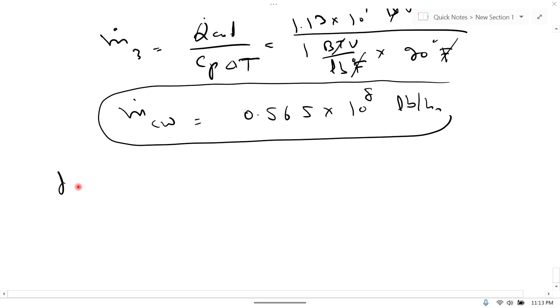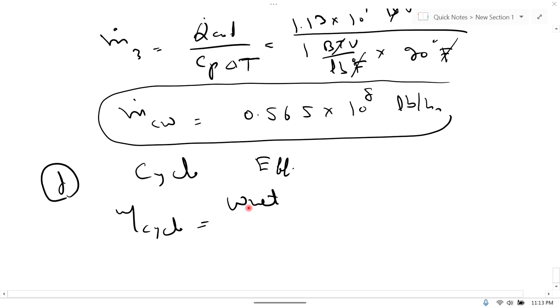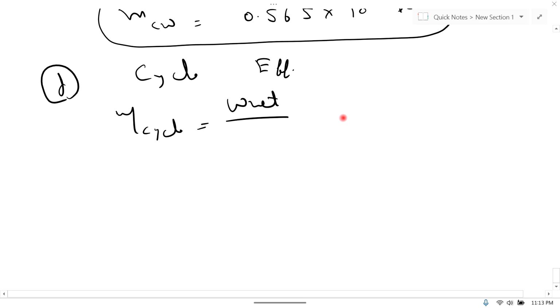Now in part D we will find cycle efficiency. Cycle efficiency is equal to net work divided by heat supplied in the boiler.